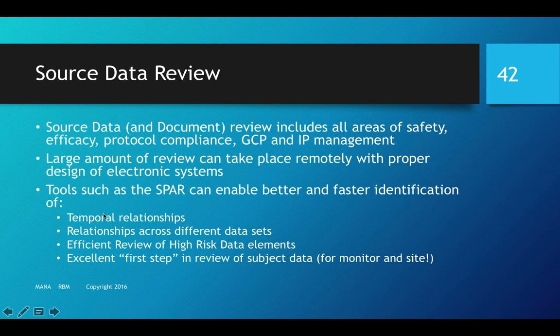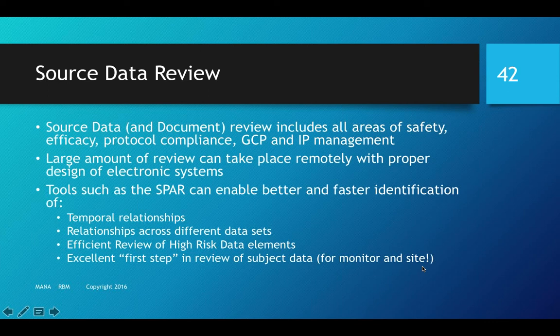So tools like the SPAR are not everything that you have to do, but they help you with things like your temporal relationships, your relationships across different data sets, which are very difficult to synthesize if you can't look at that data. It allows you to do efficient review of your high-risk data elements, and it's an excellent first step in the review of subject data.